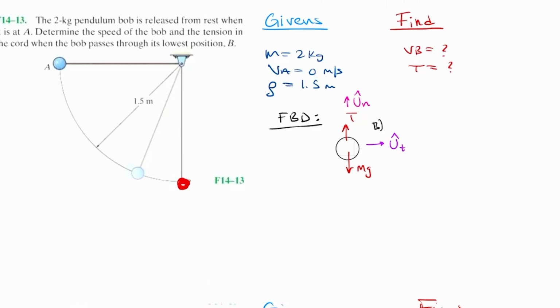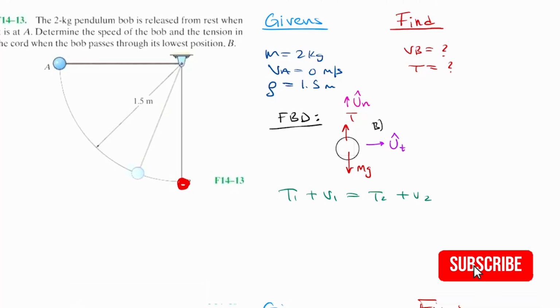All right, so let's solve the problem. For the conservation of energy, notice we only have weight, we don't have friction or any other forces, so we only have conservative forces. Then the equation is T1 plus V1 equals T2 plus V2: kinetic energy plus potential energy at state 1 equals kinetic and potential energies at state 2.